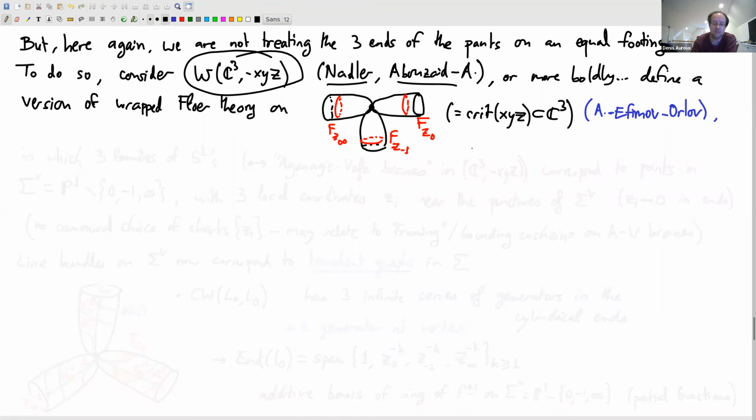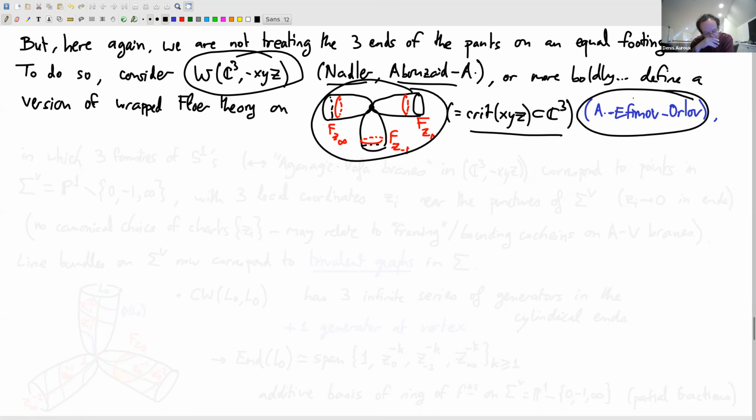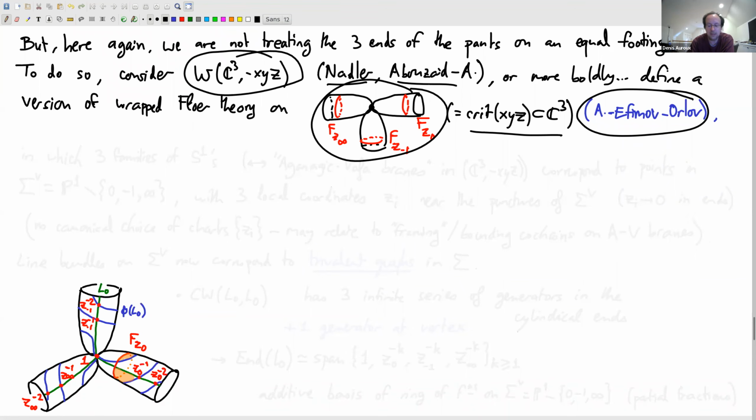Or more boldly, you can say, well, I'm going to work on this space, whatever it means. What it means now is actually a placeholder for something that sits in that Landau-Ginzburg model and allow objects of this shape. And so this is what my paper with Efimov and Orlov does. What we declare is we can just look at Floer theory in trivalent configurations of Riemann surfaces attached at nodes.